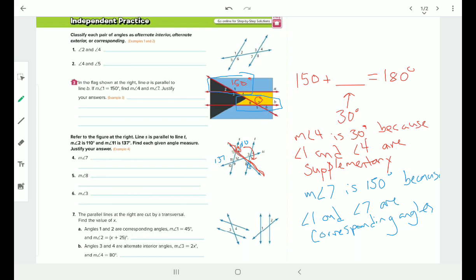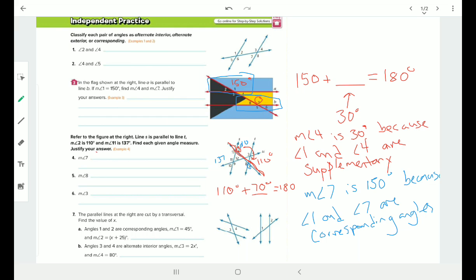So if angle 2 is the same thing as angle 6, that makes angle 6 110 degrees, which would mean that angle 6 and angle 7 are supplementary. So angle 2 and angle 7 would also be supplementary, which means they have to add to 180 degrees. So 110 plus something equals 180. So angle 7 has to be 70 degrees, right?